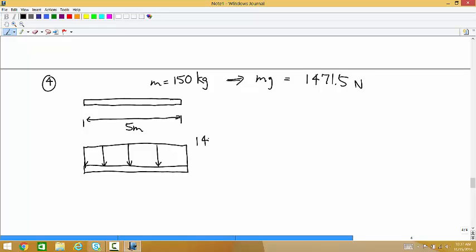So 1471.5 divided by 5, and that's equal to 294.3 newtons per meter. And now that we have that, what's Q? Not even x, just 294.3 because it's constant.